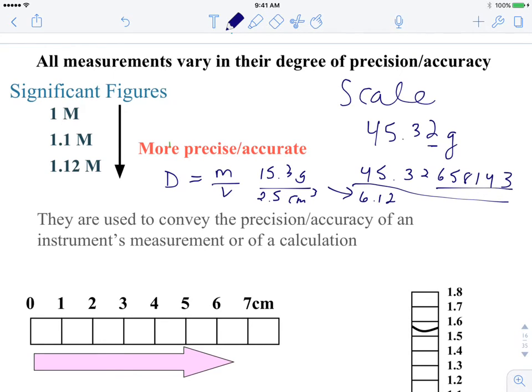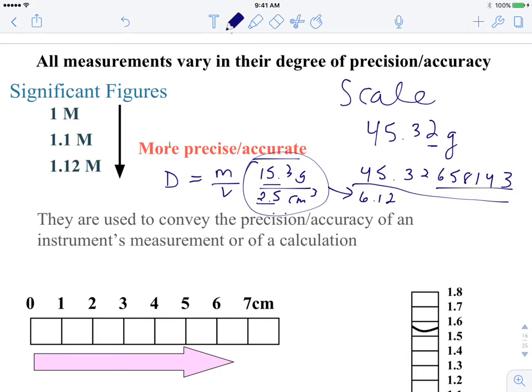It turns out that number isn't really correct. The number should be rounded, because the measurements that I took don't convey that level of accuracy. That's because this number has 2 and this one has 3 significant figures.